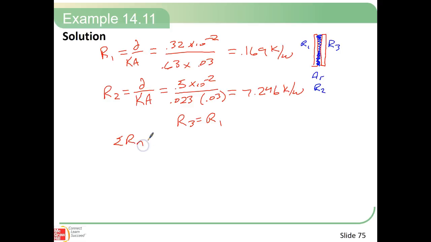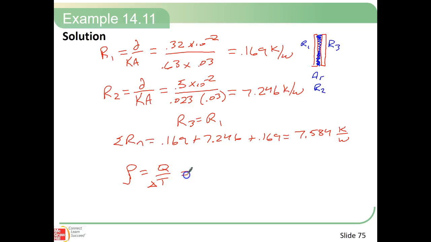So the sum of the R values is equal to 0.169 plus 7.246 plus 0.169, and we get 7.584 Kelvin per watt. So now we can use our P equation again, our funny P. So here we've got our P for power. It's Q over t, which is equal to delta T over the sum of my R values.